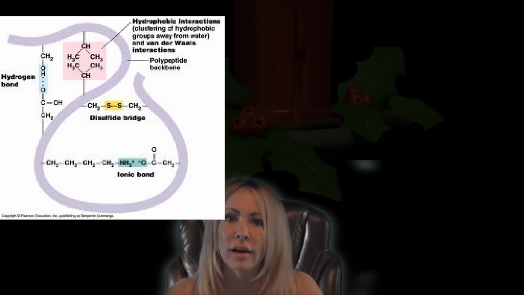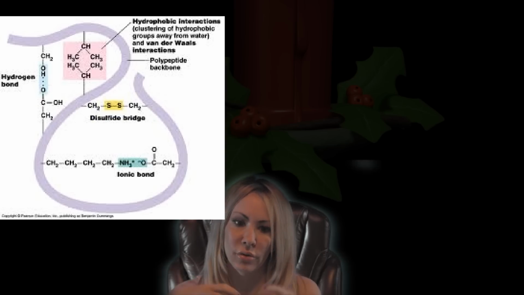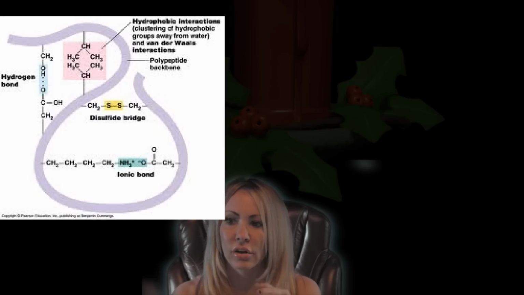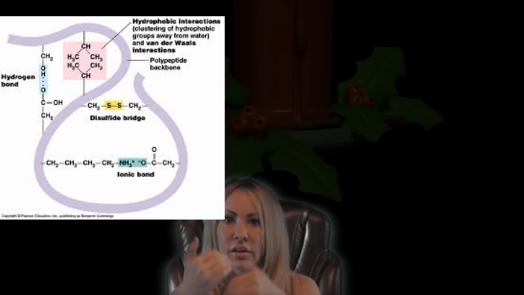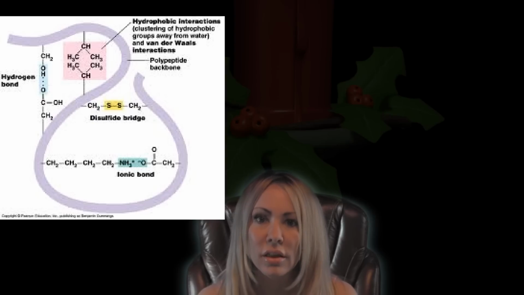But there are a lot of different kinds of bonds at play here. So we have the hydrogen bonds, not just the localized, but as the hydrophobic molecules come together, it might put two molecules that are partially negative and partially positive in close proximity, and they'll form another hydrogen bond. Even though hydrogen bonds are weak, there's power in numbers. If there's a lot of them, it's going to help the strength of tertiary structure.